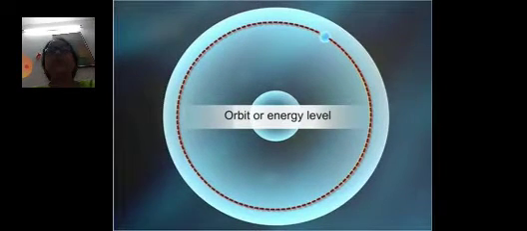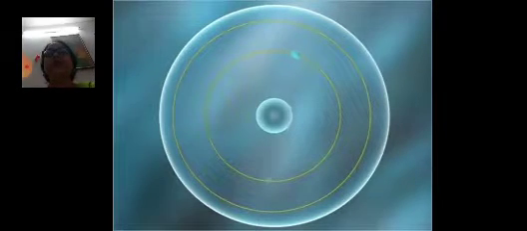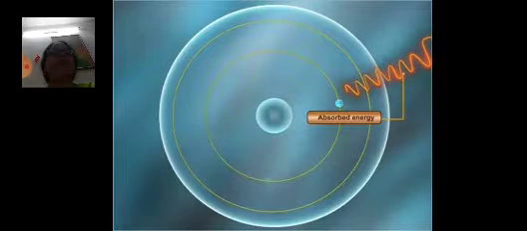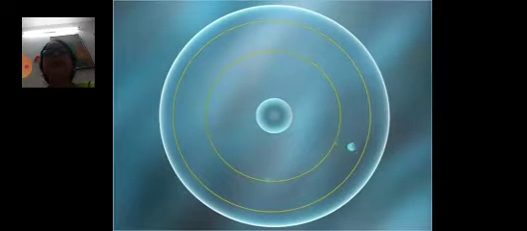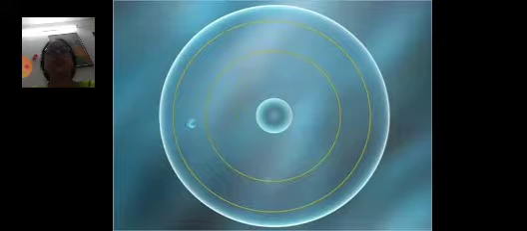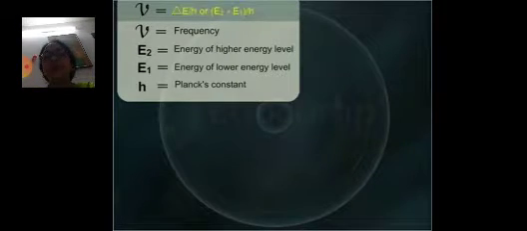These orbits are arranged concentrically around the nucleus, and the energy of an electron in an orbit does not change with time. The electron will move from a lower stationary state to a higher stationary state when the required amount of energy is absorbed by the electron, or energy is emitted when the electron moves from a higher energy state to a lower energy state.